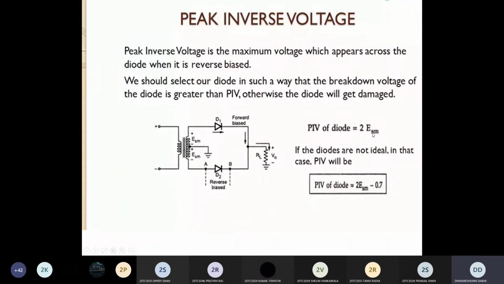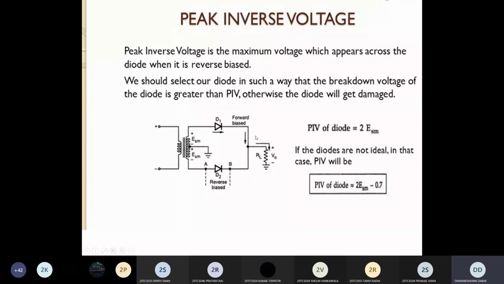Clear? So what is the difference between the peak inverse voltage rating of the full wave rectifier and the half wave rectifier? In the half wave rectifier, what was the peak inverse voltage? What was the peak inverse voltage in the half wave rectifier? We just saw at the start, it is Em, the same as the supply voltage, but here it is 2 times supply voltage.